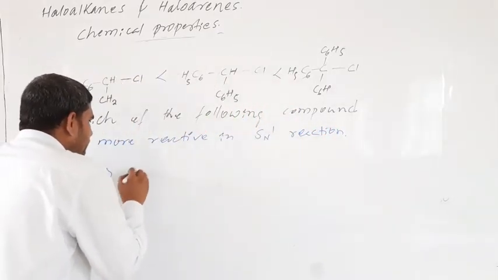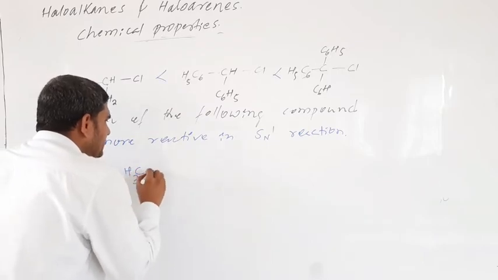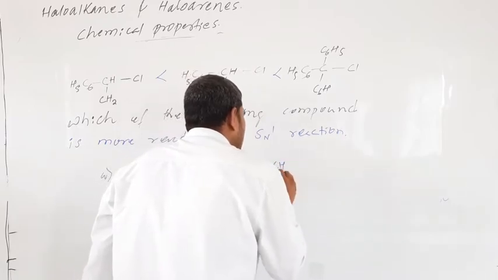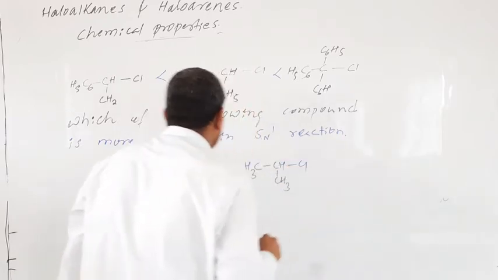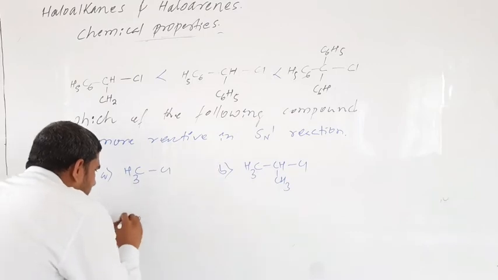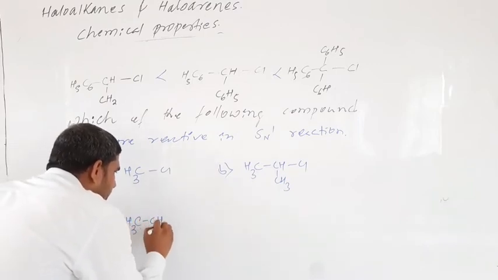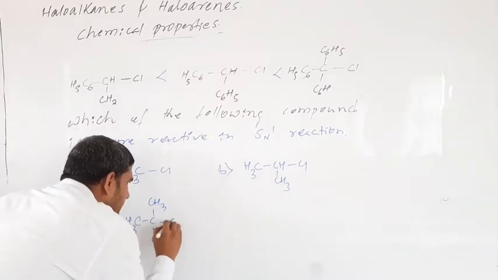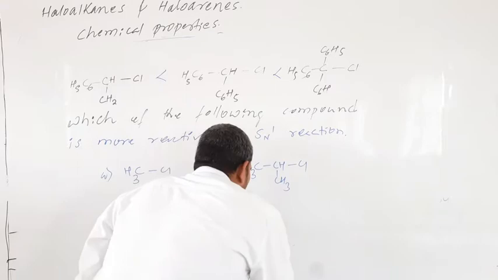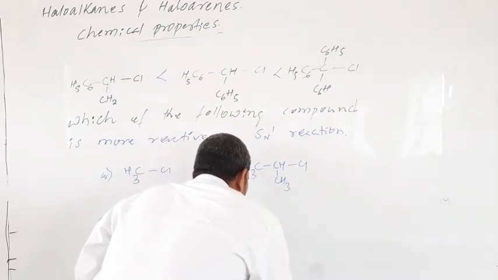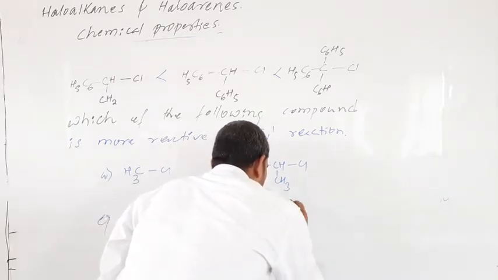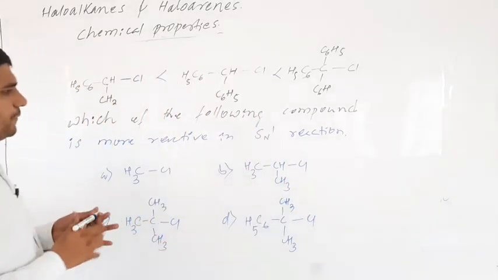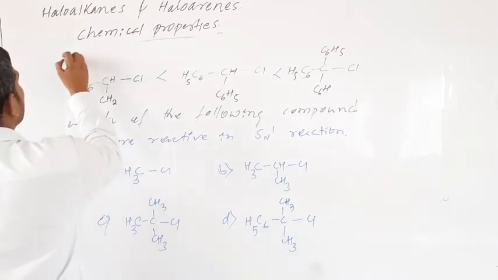Option A CH3Cl, option B CH3CH3Cl, option C CH3CH3Cl, option D C6H5CH3Cl. If you look at it, I told you in case of SN1, what is the order of reactivity?